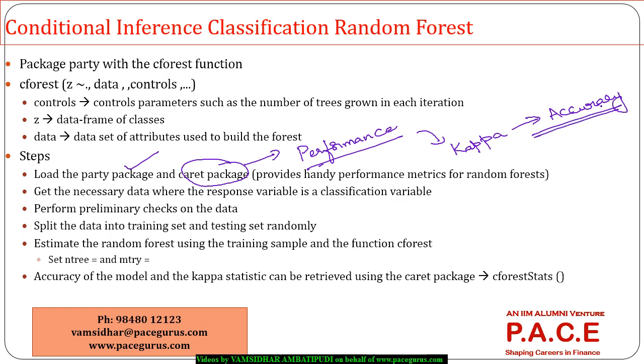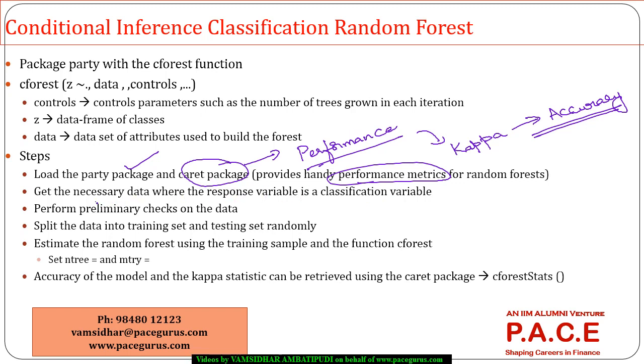So I really want to look at a few advanced versions, rather than just looking at the confusion matrix and, based on that, talking about correctly classified versus wrongly classified. We can also take more and more advanced performance measures like kappa. Because of that reason, I want to use the caret package as well, so that I'll get some sophisticated performance metrics for the random forests after the classification is typically done.